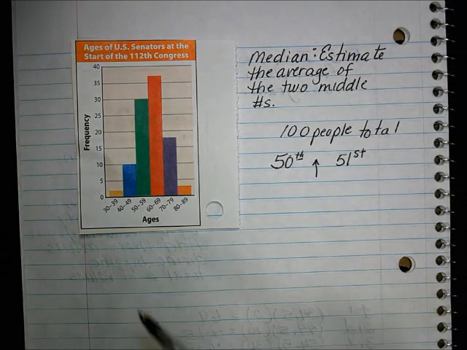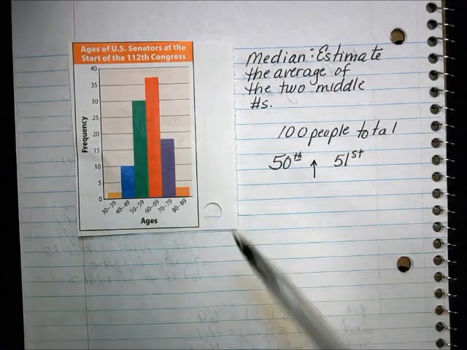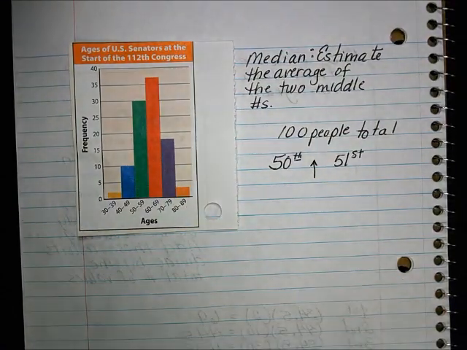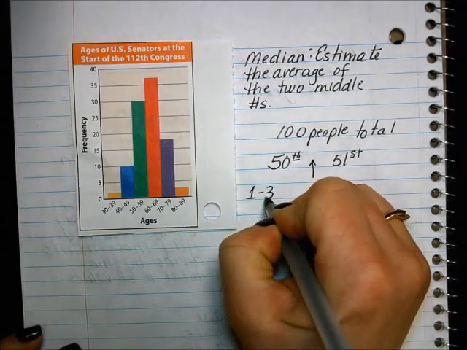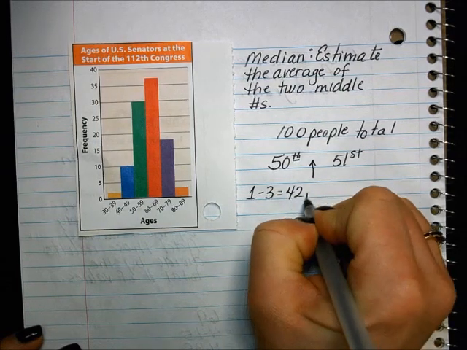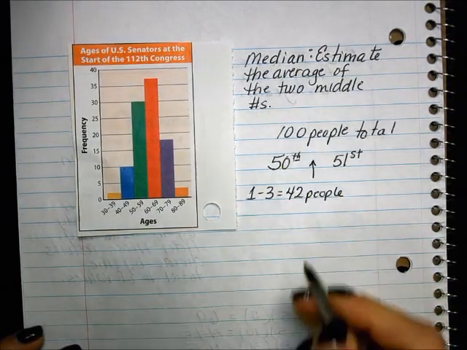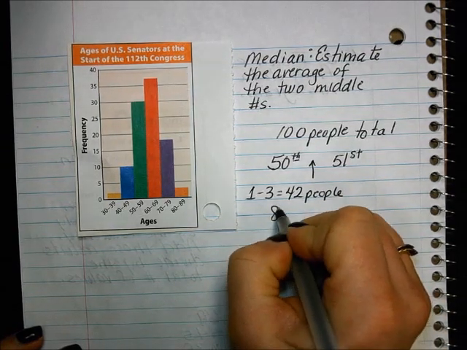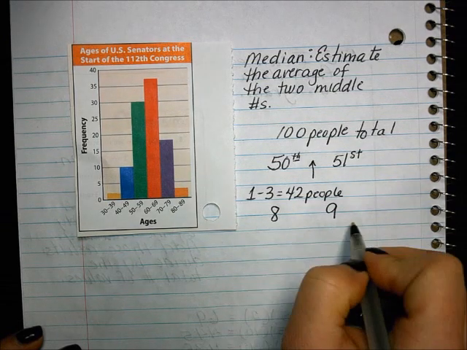Now, if there were 42 in the lower intervals, how far into the red do we need to go? So intervals 1 through 3 was 42 people. But we want the 50th person. So we want to be 8 and 9 people into the red.